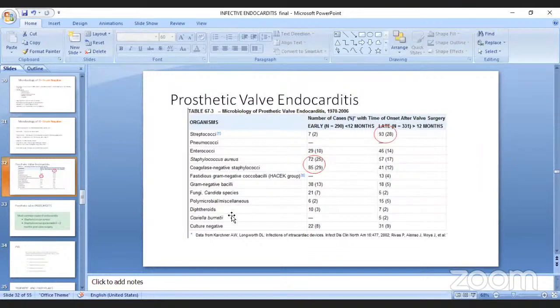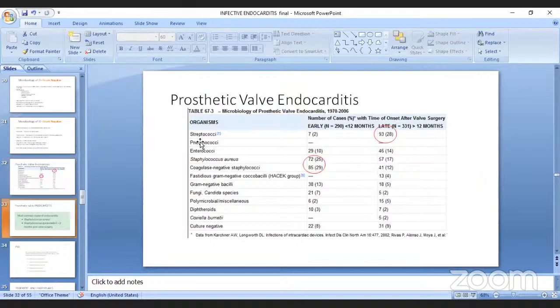In less than 12 months, Staph aureus and coagulase negative staphylococci were the main causative organisms. But when the patient came after 12 months of prosthetic valve surgery with infective endocarditis, they were basically infected with streptococci.